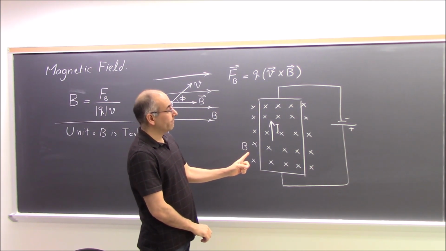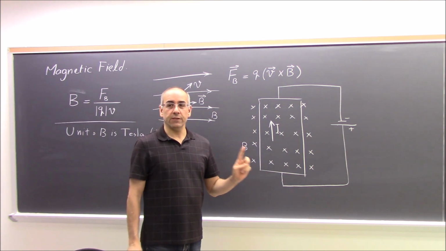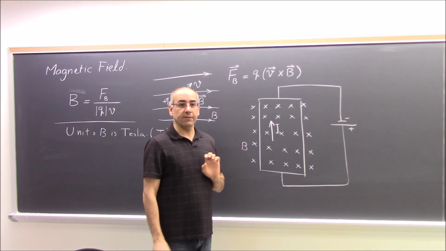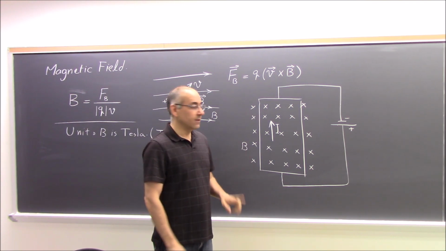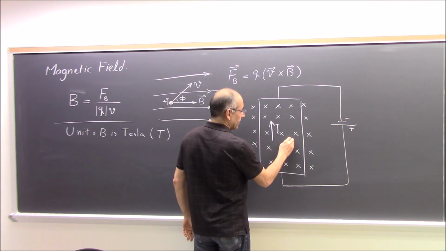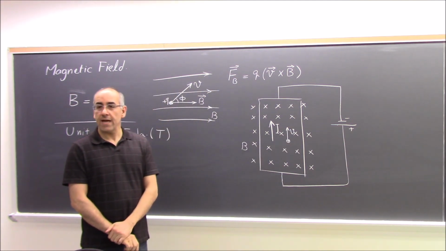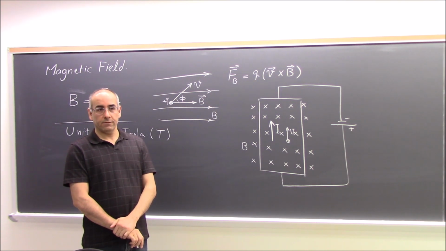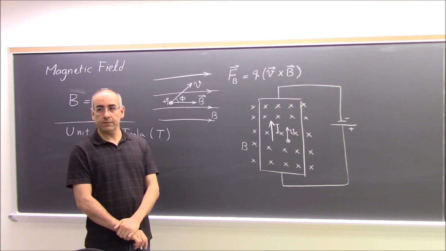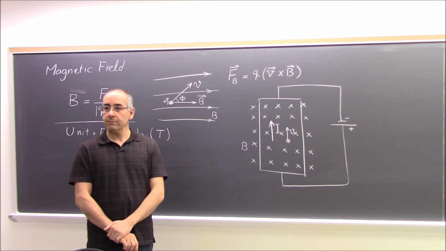And now, what happens if the charges that are moving and creating the current are positive charges? If there are positive charges moving in the direction of the current, what would be the force acting on them? Can you figure out which direction is the force on these charged particles?